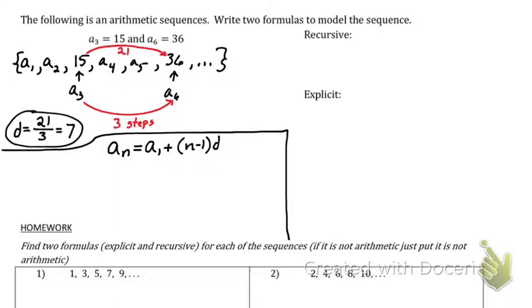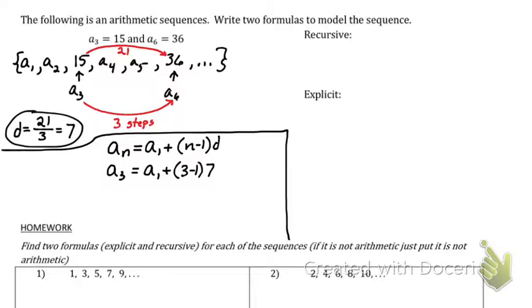Now, we know the common difference is 7. We also know the third term is 15. So we're going to plug in as much information as we have. I know the third term, so I'm looking at a sub 3. A sub 3 would equal a sub 1 plus 3 minus 1 times our d value, which is 7.